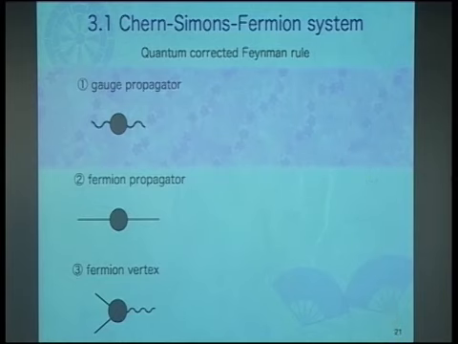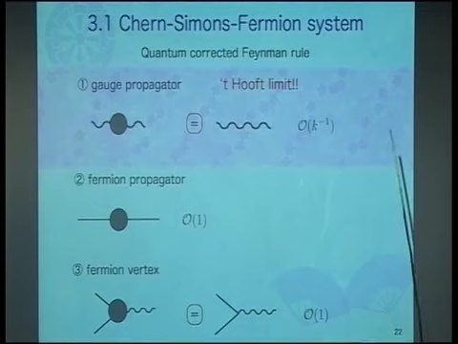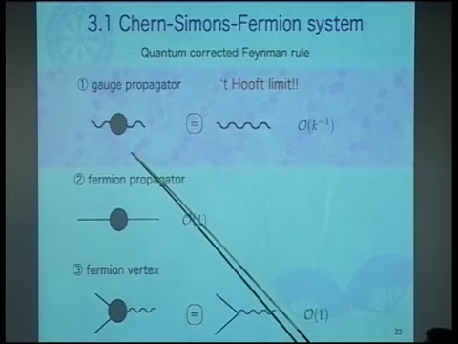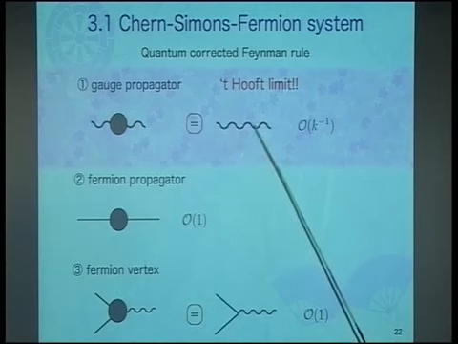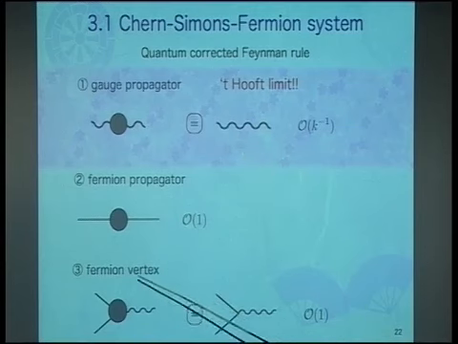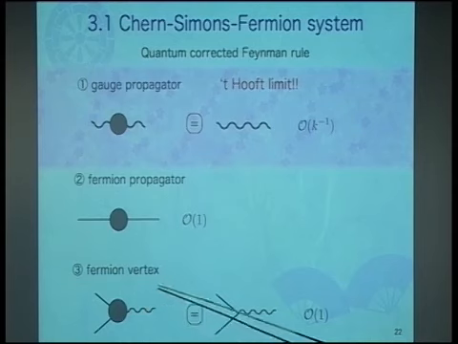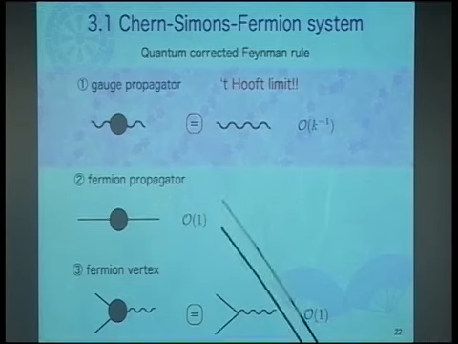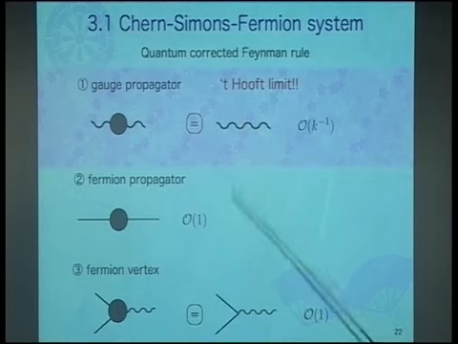But by taking the large N limit, the situation is drastically simplified. The gauge propagator is reduced to the classical one, and the Feynman vertex also becomes classical. And the fermion propagator is still non-trivial, but anyway, this simplification is very, very helpful to study.